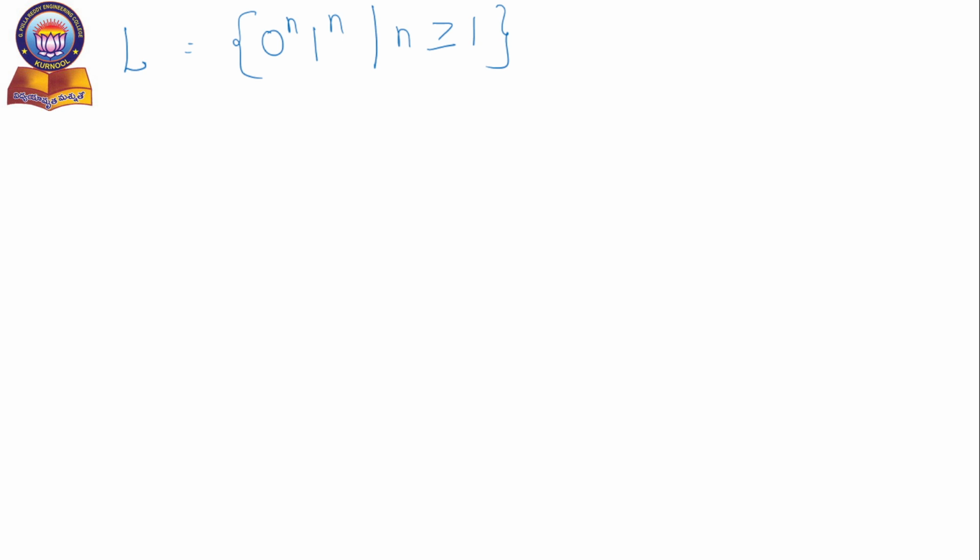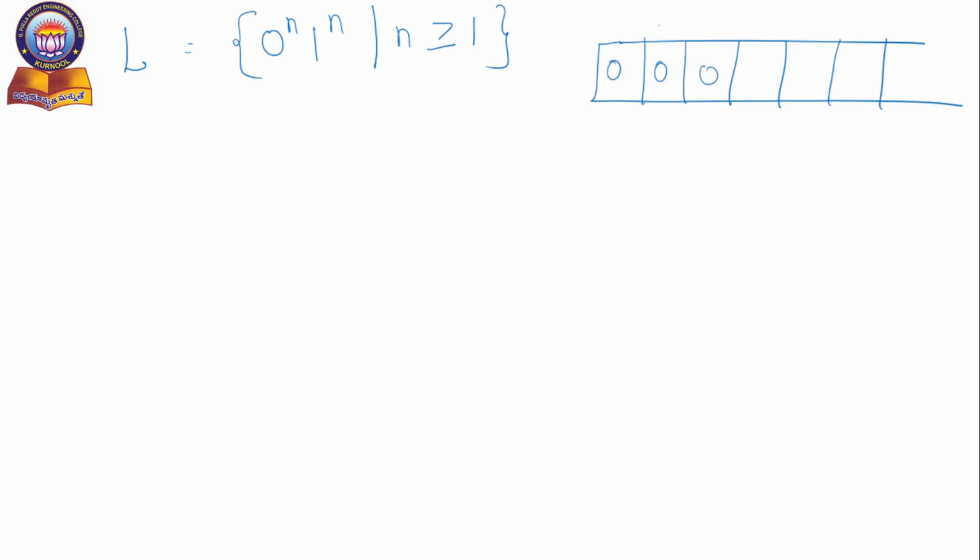Initially the tape will consist of some string taken from the given language. That means some number of zeros followed by an equal number of ones, say 3 zeros, 3 ones. All remaining symbols will be filled with blank.